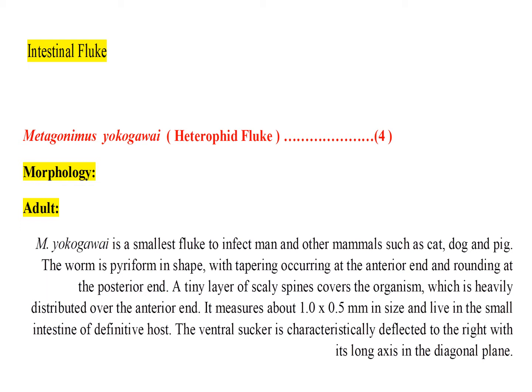This parasite can live in the small intestine of the definitive host, we mean human and other mammals, and can be found within its GI, at the villi. Now the ventral sucker is characteristically deflected to the right, with its long axis in the diagonal plane.